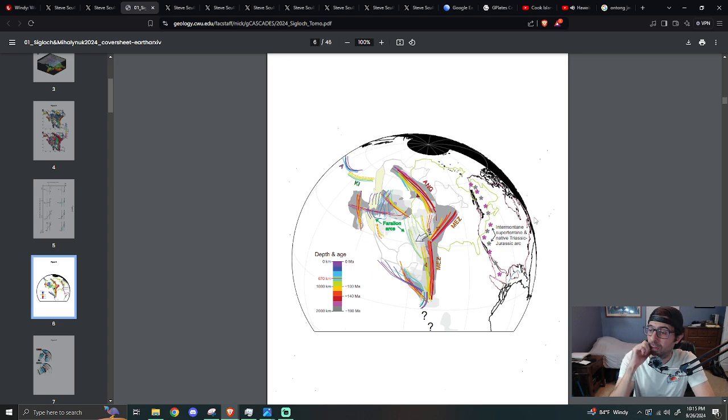That to me is a really strong indicator that it formed atop it. At least, generally speaking, that it didn't actually move onto it.